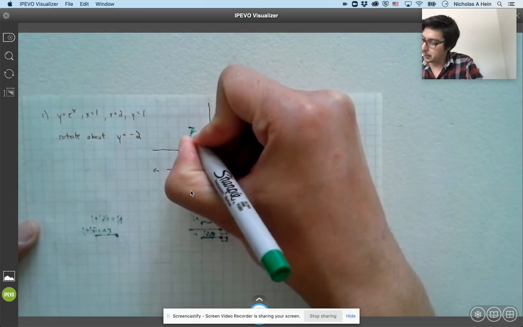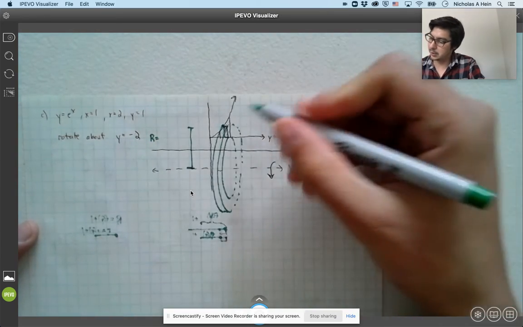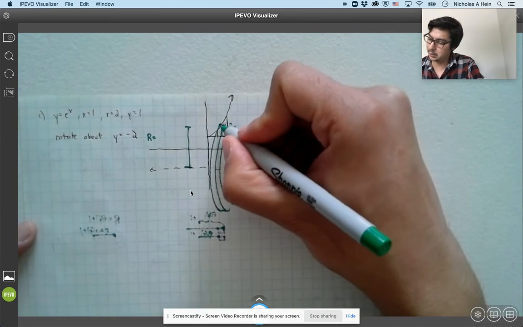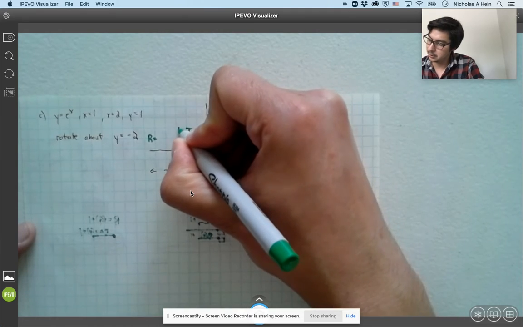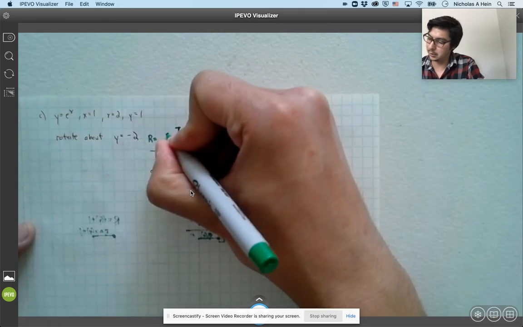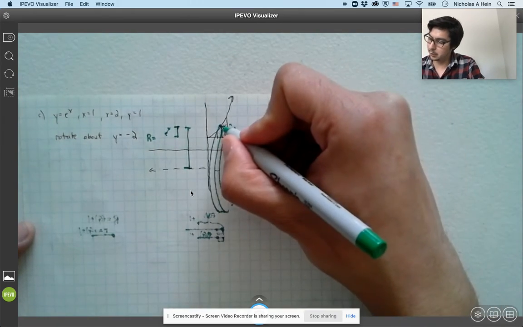So what's our outer radius? Our outer radius, well, notice it's the distance from the top all the way down to negative 2. Well, we know that the distance from the curve down to 1, so the distance from the curve down to here, that distance is just the function e to the x. Now, to account for that, how much do we still have to go?